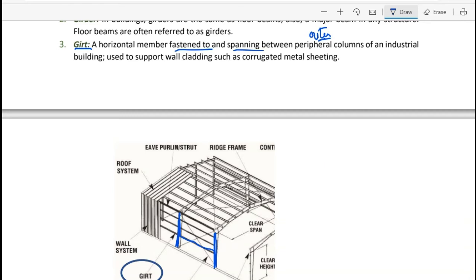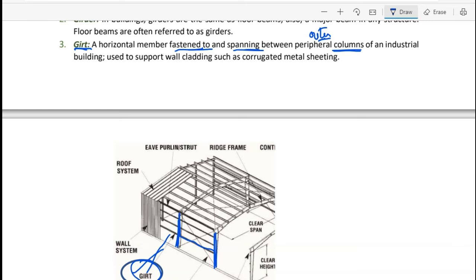And these horizontal members are fastened, that is fixed, to these columns, right? So these horizontal members which are fixed or fastened and spanning between the outer columns of an industrial structure are nothing but girts. So you can see here the girt.